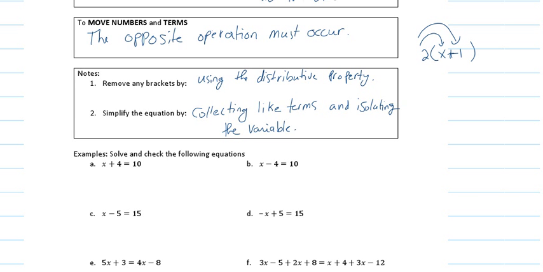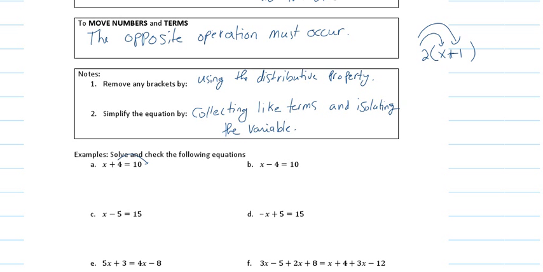I want to leave x by itself, and then I want to move whatever numbers are with the x to the other side. By moving the 4 to the other side, the opposite operation must occur. So what's the opposite of addition? Subtraction. So that's going to be x equals 10 minus 4, which gives me 6. Is that okay? All right.